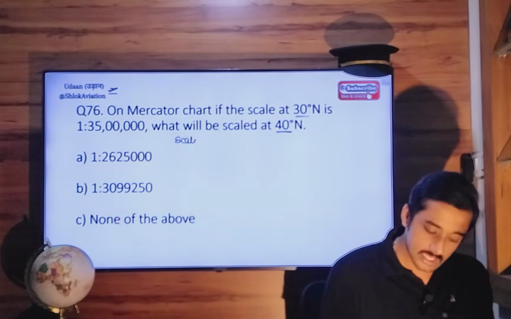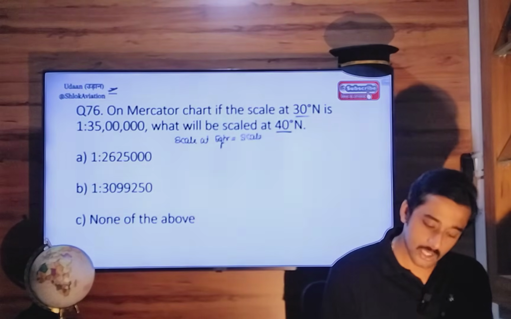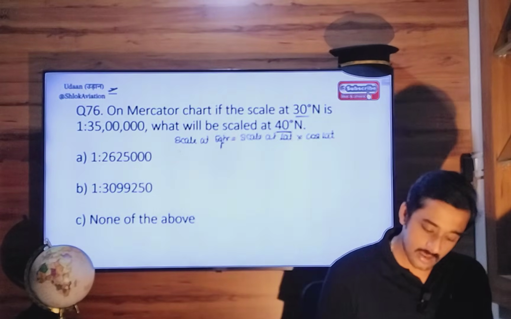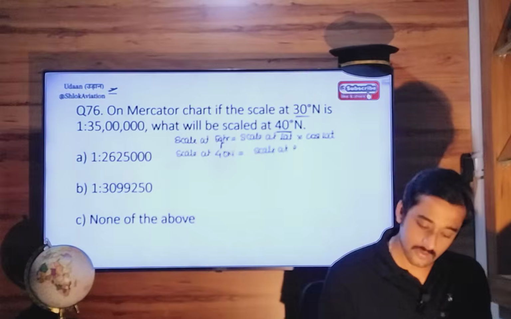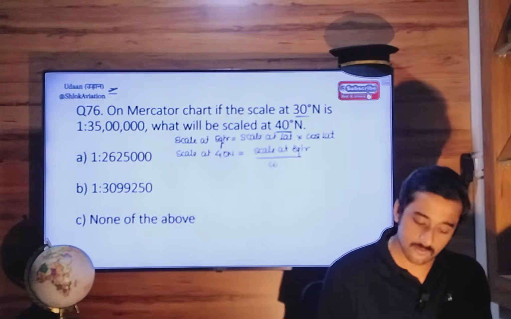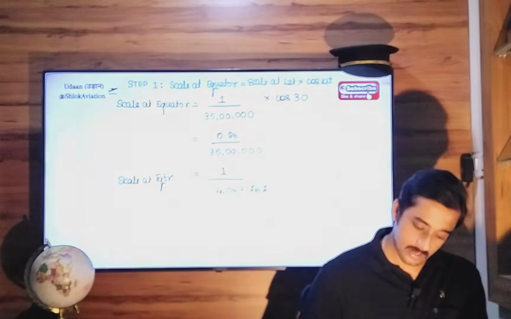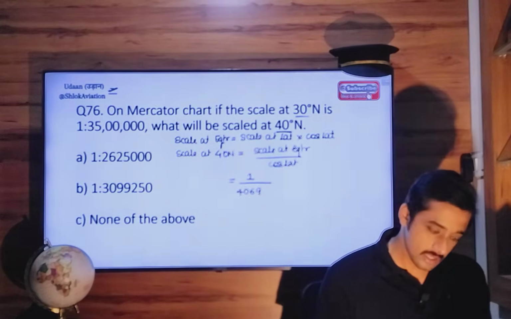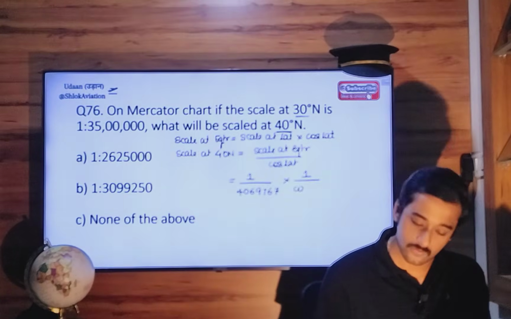So same formula, scale at equator equals scale at a particular latitude multiplied by cos of that latitude. So here we have to find out scale at 40 north, that will be equal to scale at equator divided by cos of latitude. So scale at equator is 1 divided by 4069767 multiplied by cos of 40.